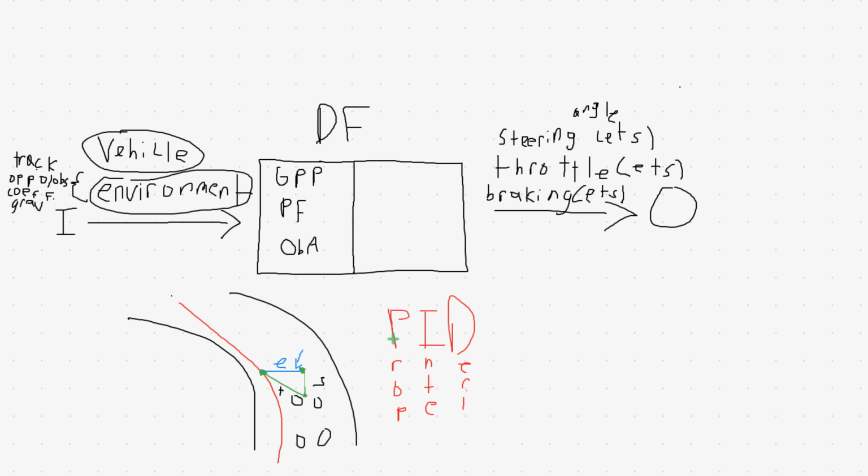Once you get those values, the equation looks like this. It looks like P times EP, plus I times EI, plus, that's a horrible I, my bad guys. Sorry for my drawing, it's horrible. Plus D times ED. Essentially this EP, EI, and ED are the values that I just explained.